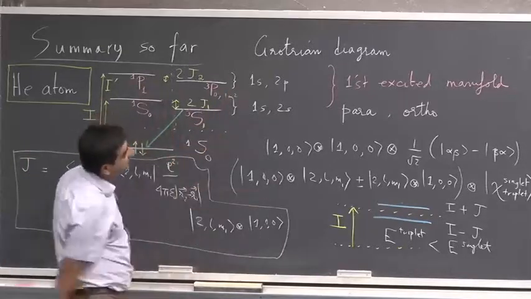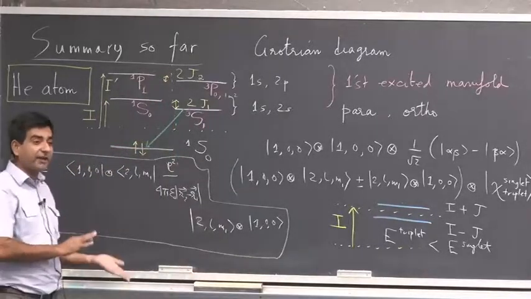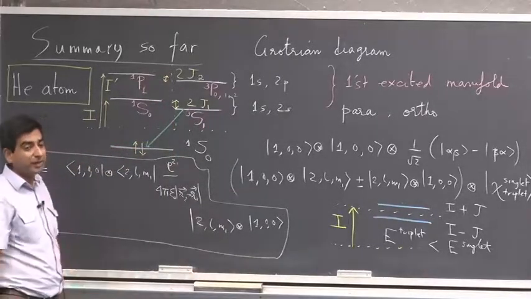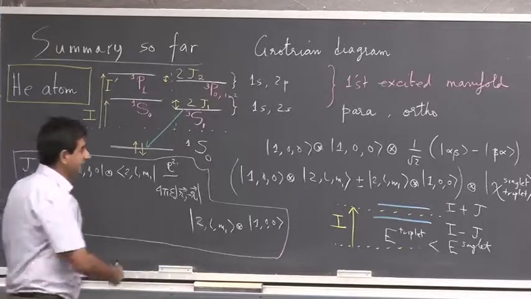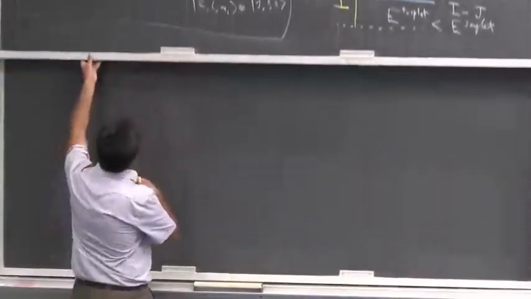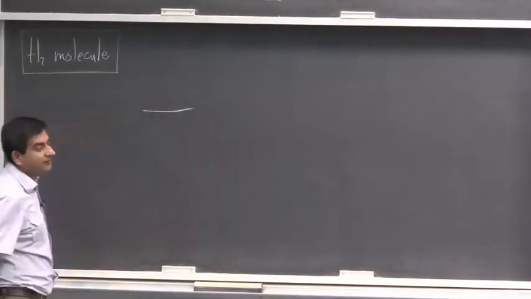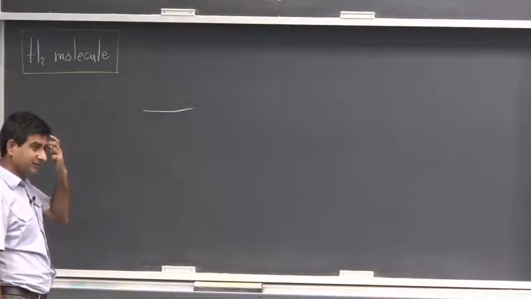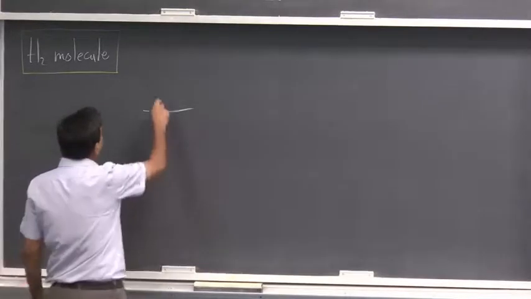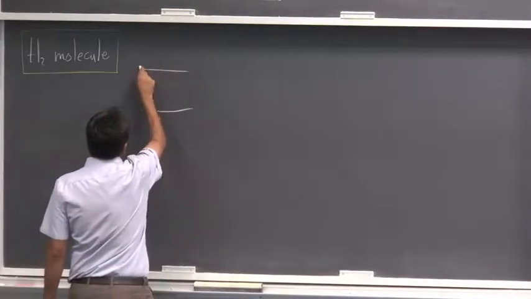Then we studied the hydrogen molecule. First we studied the hydrogen molecular ion, and then we looked at the hydrogen molecule. For the hydrogen molecule, we noticed that the ground state is the singlet state, and there is a splitting between the singlet and the triplet state.